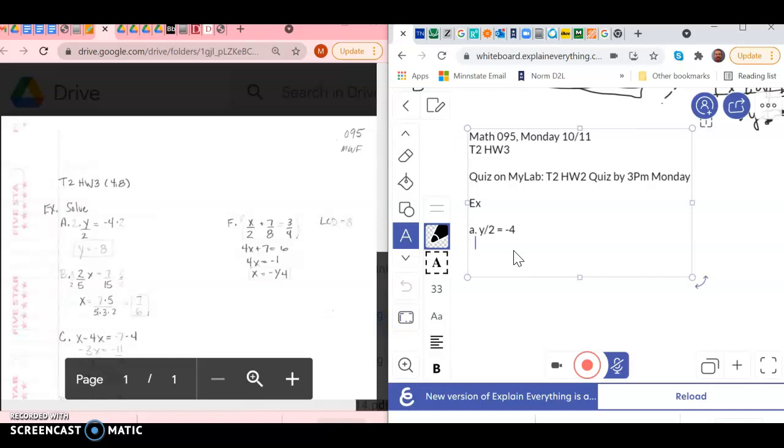What we want to do is multiply both sides by 2. The 2's cancel, and you get y equals -8. Again, the idea is we're doing the opposite. Here we're dividing by 2, so you want to do the opposite and multiply by 2.